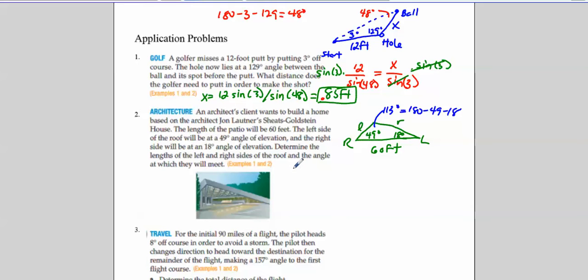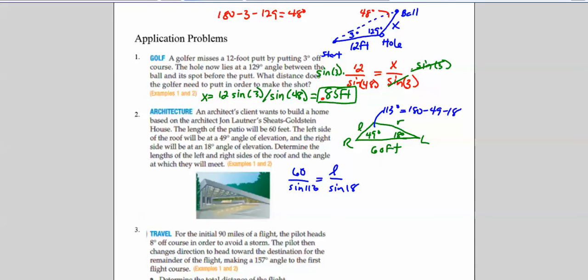I can say 60 over sine 113 is equal to, let's do the left side. The left side we don't know, but we know the angle L is 18, so sine 18 degrees.